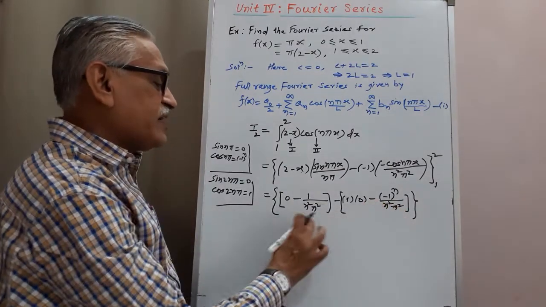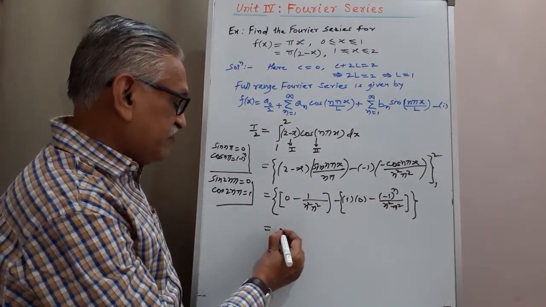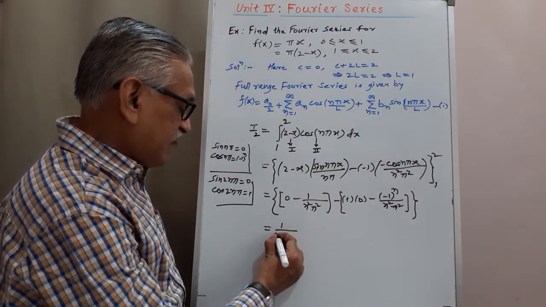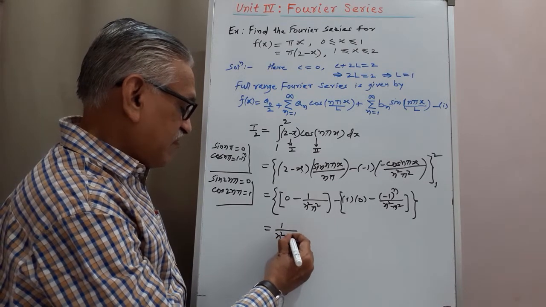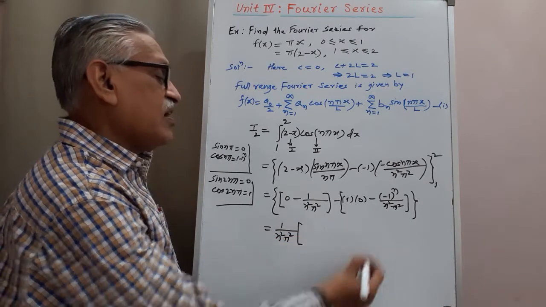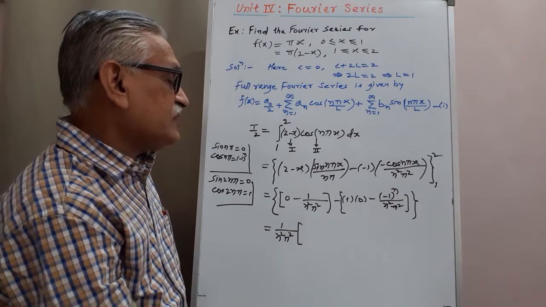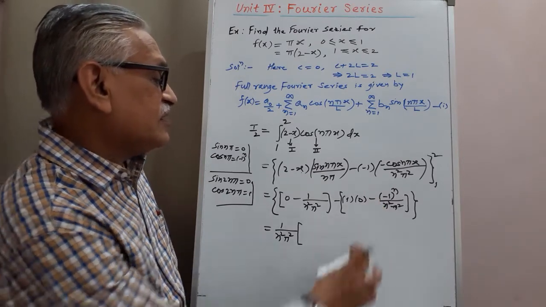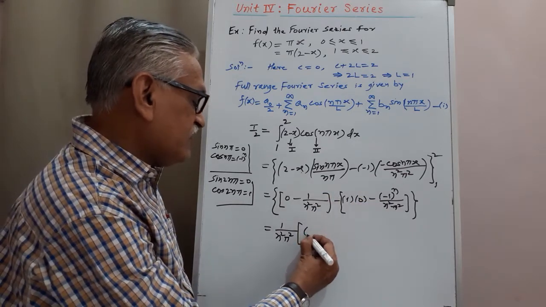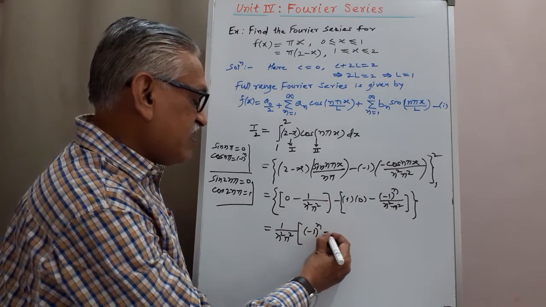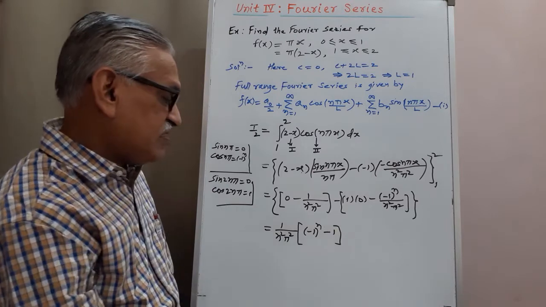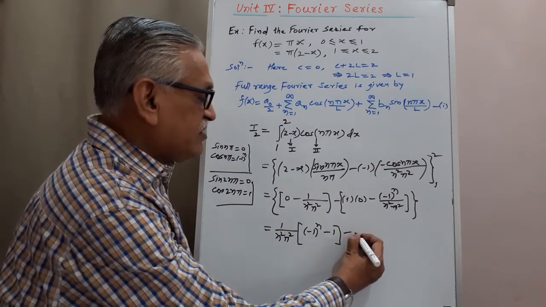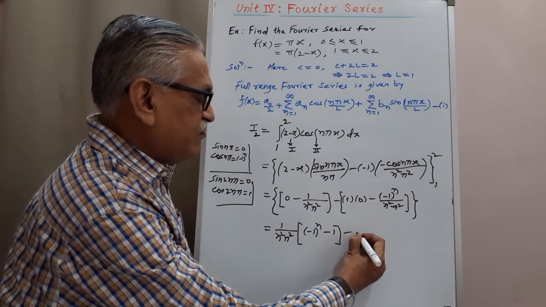From these two terms I can take n square pi square common. Here that minus and this minus become plus, minus 1 raised to n and minus 1. We call this equation number 5.